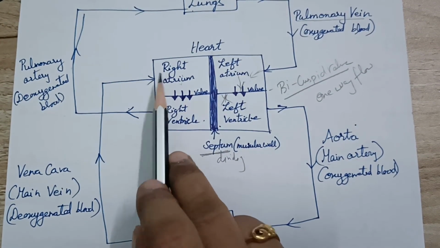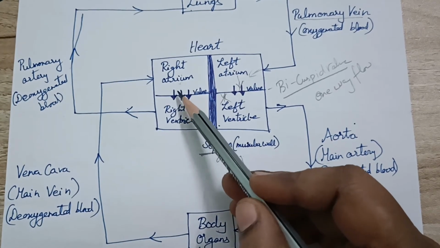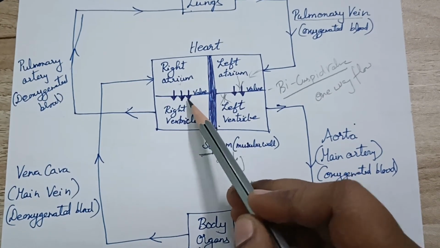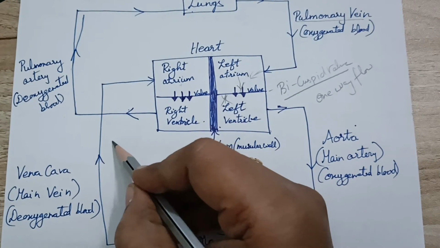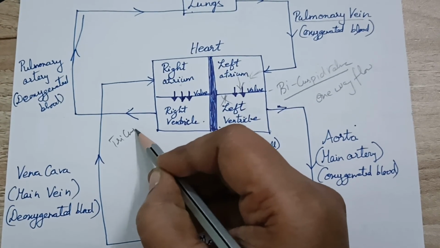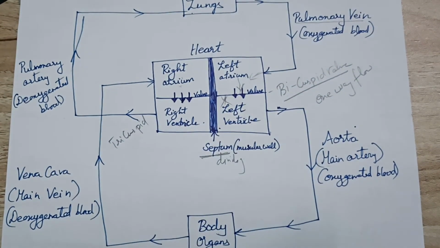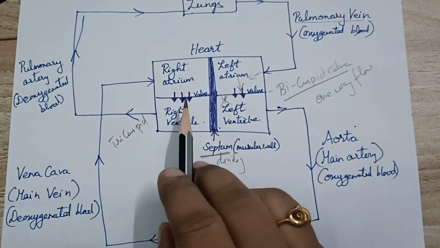In the right atrium, you again have three flaps. Three flaps means tricuspid. Again, it is a one-way flow.